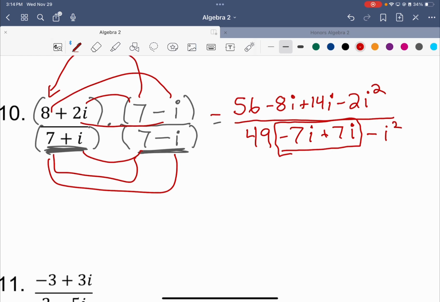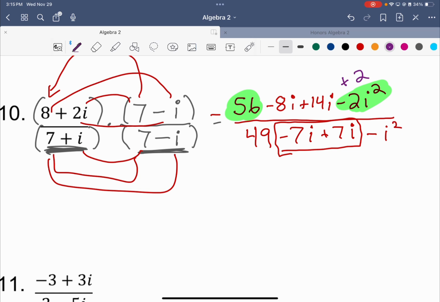So if we look at the top, if we look at the numerator, I've got 56 right there, but I also have negative 2i squared. i squared is negative 1. So negative 2i squared is actually plus 2.